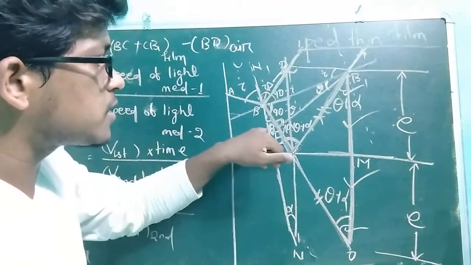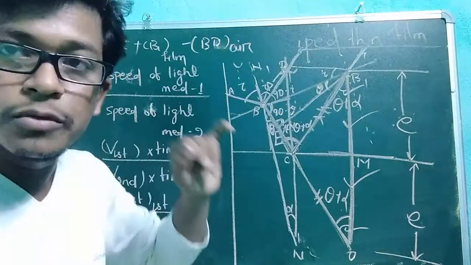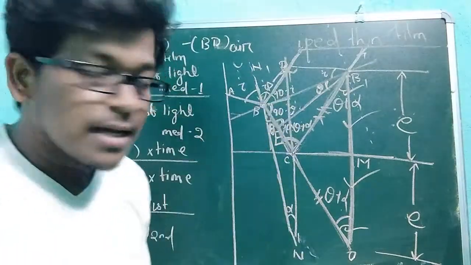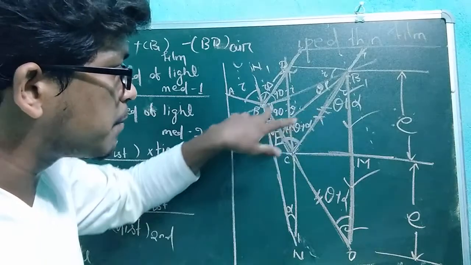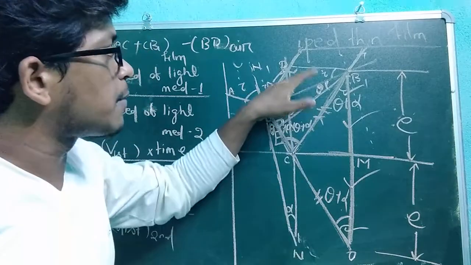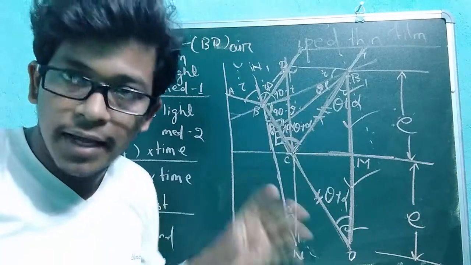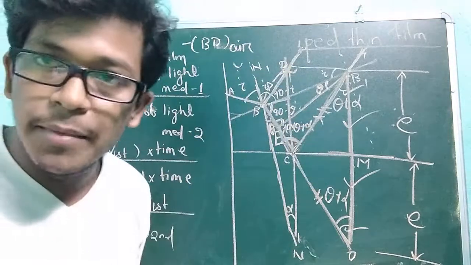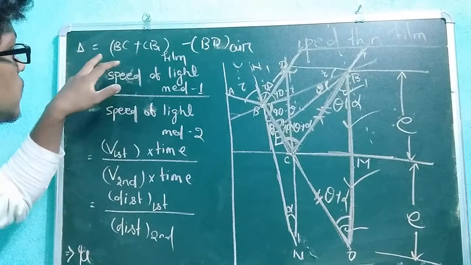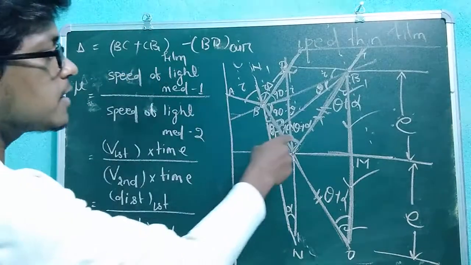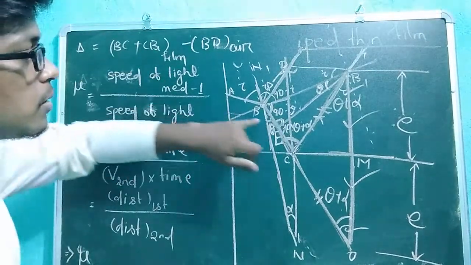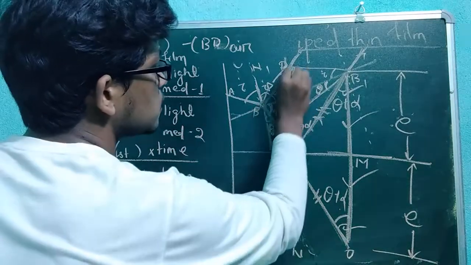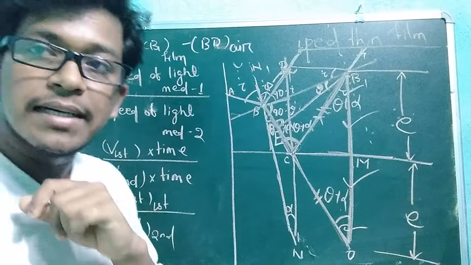So if I subtract the addition of these two from this one, only then will I get the path difference. This is happening in the case of a medium, and this is happening in the case of vacuum or air. So I will take it as the first medium and the second medium. The difference between the path covered in the film, this much, minus this much, is our path difference.